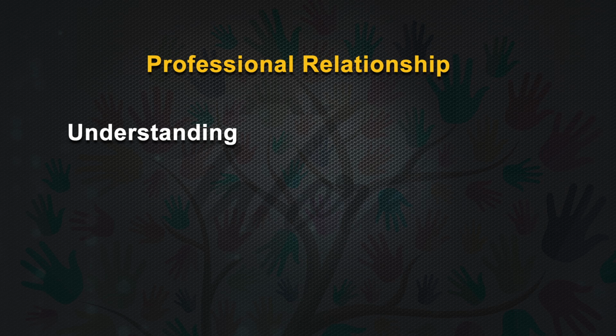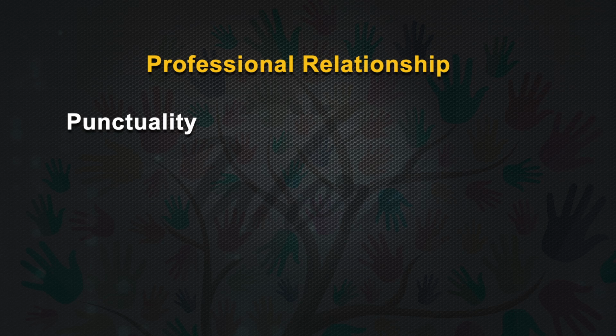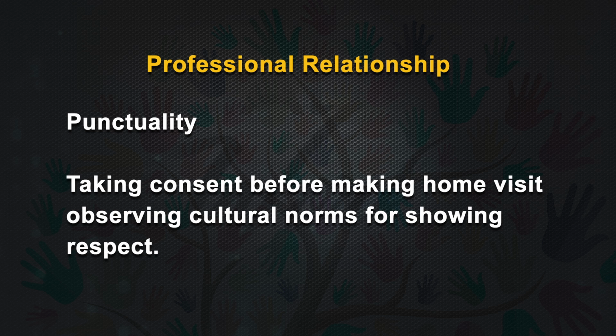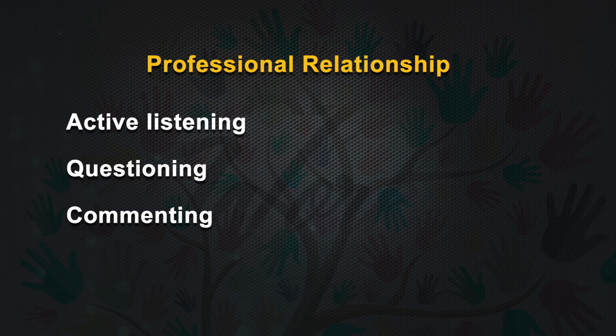Concern includes understanding, warmth, unconditional respect and liking. This is usually communicated through punctuality, taking consent before making a home visit, observing cultural norms for showing respect, active listening, questioning, and commenting when the client needs support.